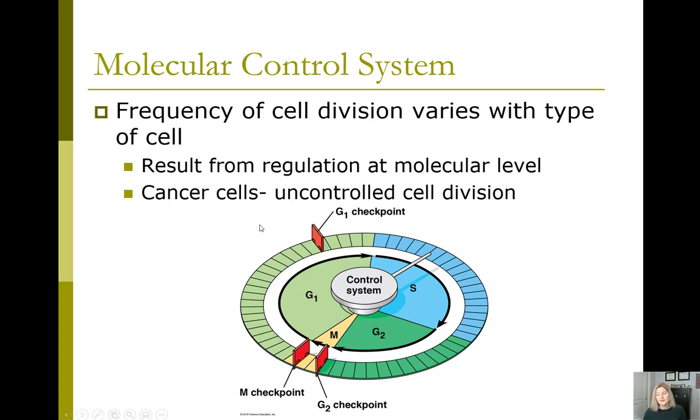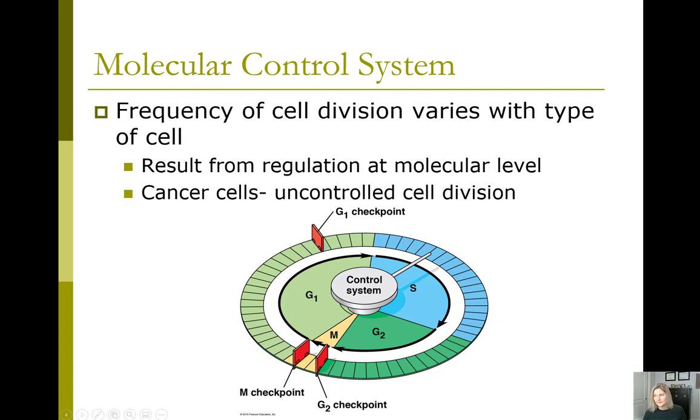And then occasionally, if something goes through the checkpoint when it's not supposed to, we can end up with cancer cells. So that's uncontrolled cellular division. The molecular control system failed somehow, and it allowed a cell to continue growing when it shouldn't.